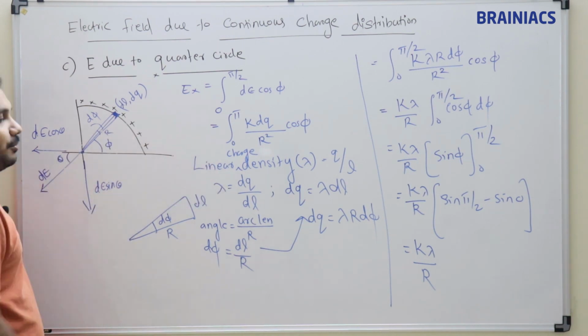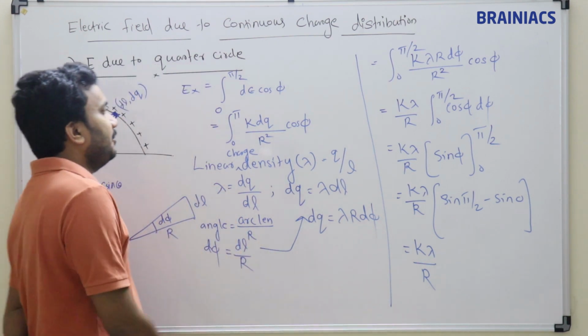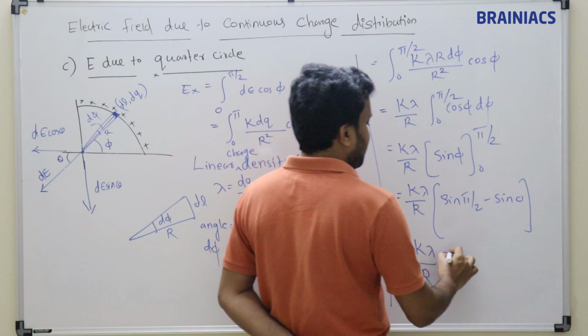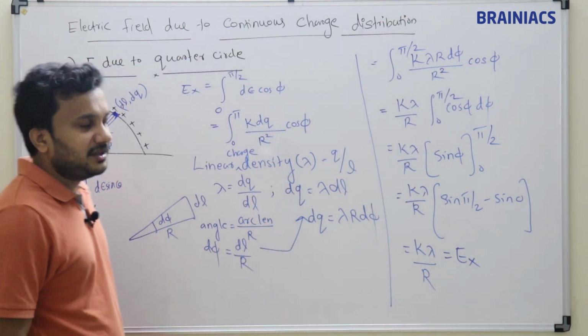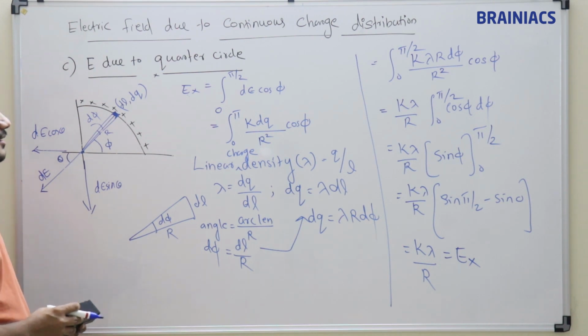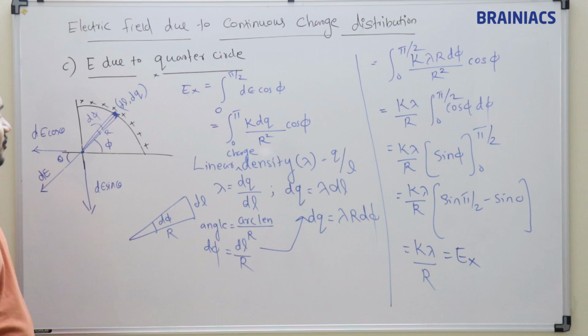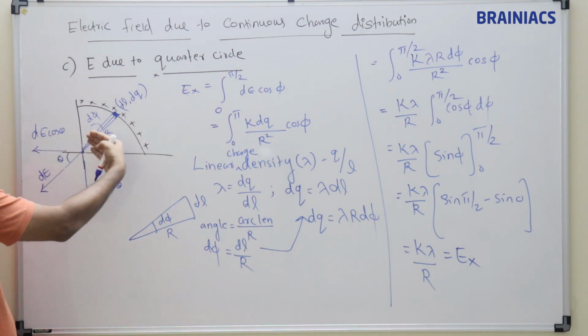Only the x component. Only this is the x component. So k lambda by r is nothing but Ex, which means the electric field created by the quarter circle along the x direction. Here in this case, what is the x component? It is along the x-axis.